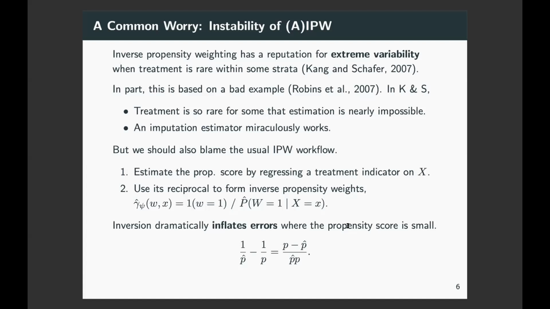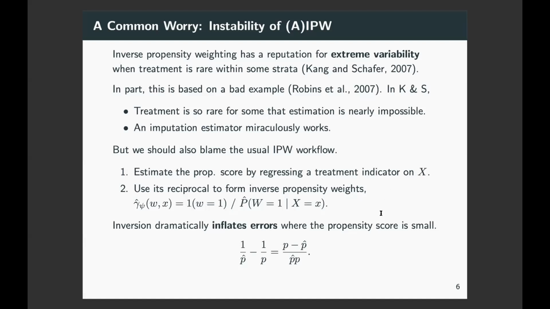On the other hand, this isn't the only observation that inverse probability weighting can be a little more variable than we'd like. We should probably also blame what I call the usual inverse probability weighting workflow. That's a two-step process where the first thing we do is estimate the propensity score by regressing a treatment indicator on the covariate. And then we use its reciprocal to form inverse propensity weights.